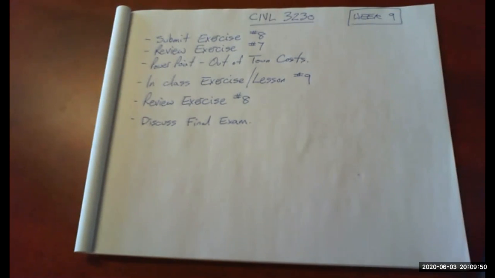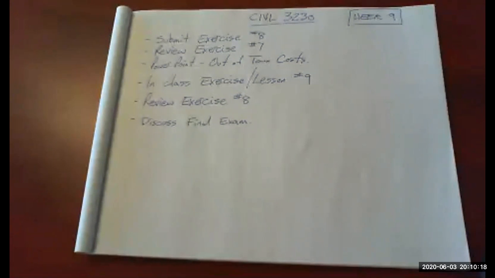We will go over, there's an in-class lesson or exercise, I guess, if you want to call it that. So that's lesson 9 that we'll go over. That includes things that we just looked at in the PowerPoint. And then after that, we will quickly review the exercise 8 that you should have already submitted from last week.